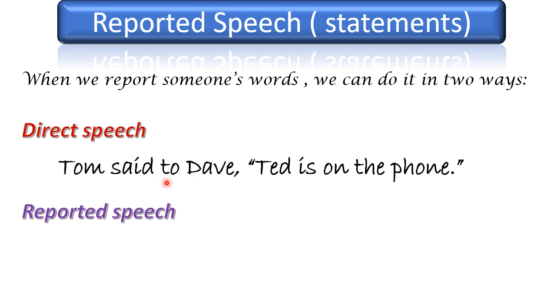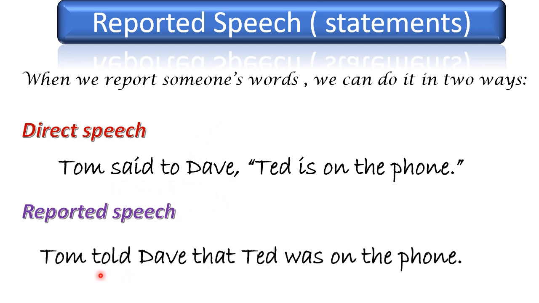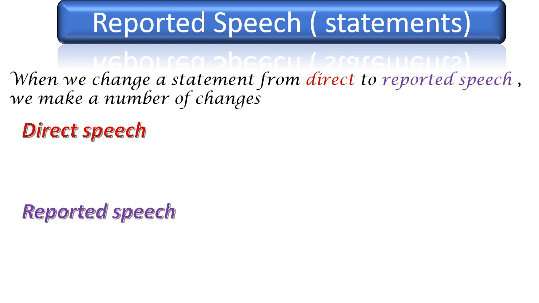In this example, because we have an indirect object, Dave in this case, we change said to into told. When we change a statement from direct to reported speech, we make a number of changes.